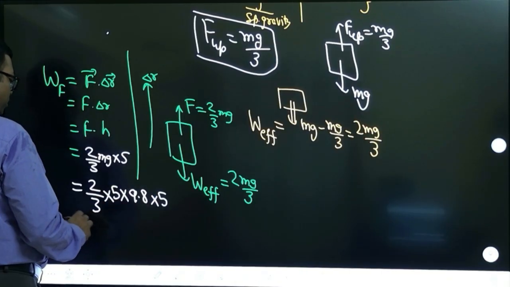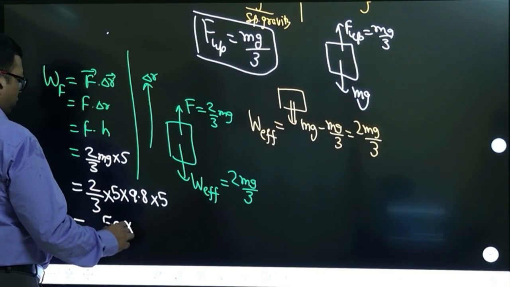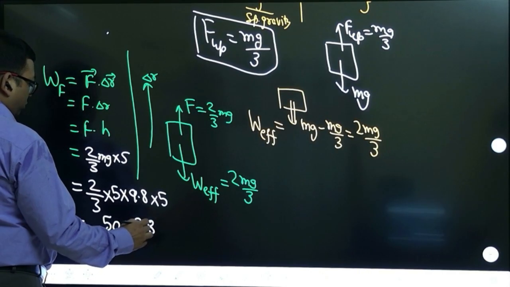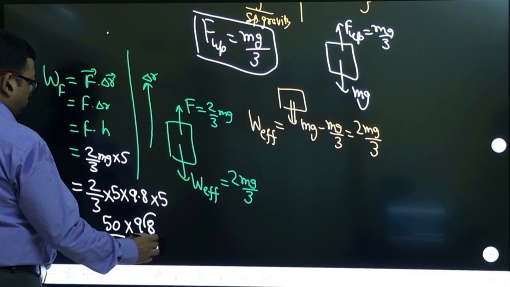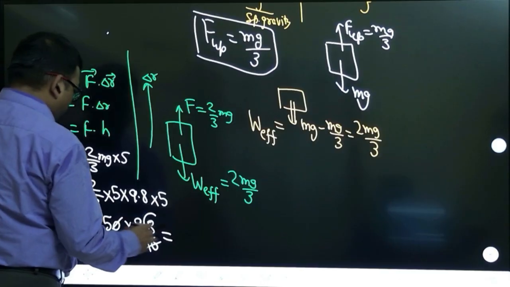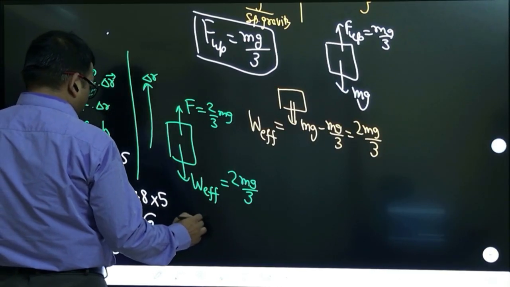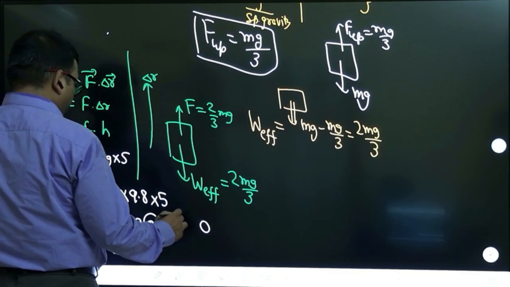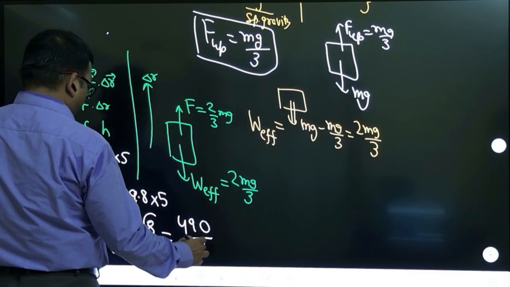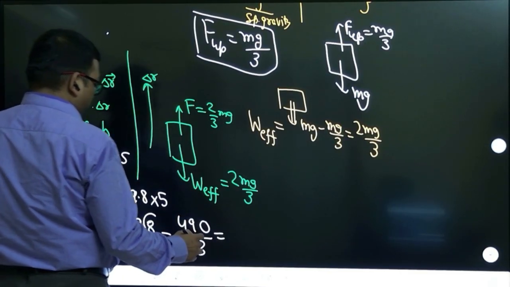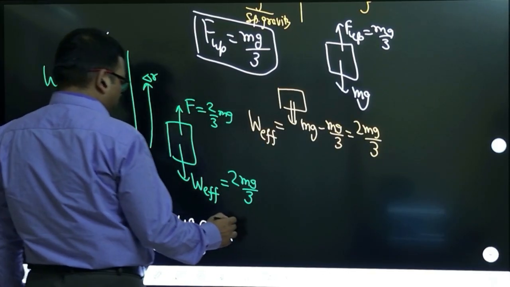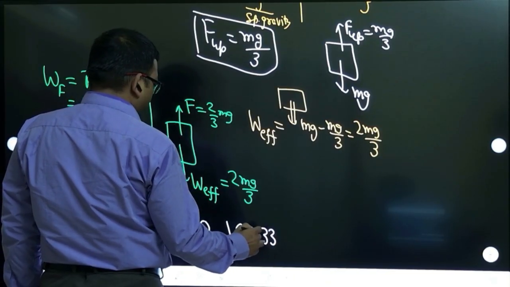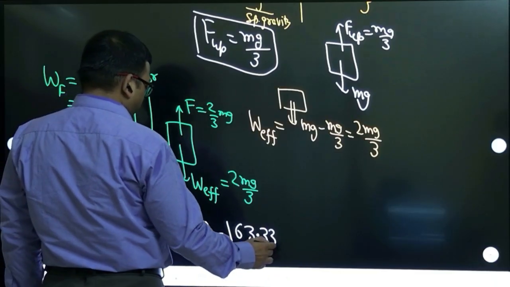5 into 5 is 25, into 2 is 50, 50 into 9.8 by 3. The 10s cancel. 8 into 5 is 40, 9 into 5 is 45, so 490 by 3, which is 163.33 joule.